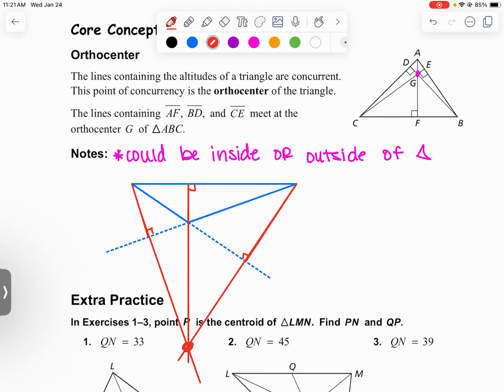So if you have an obtuse triangle, it's going to intersect outside of the triangle, which is lame. If it's a right triangle, they will intersect on the triangle. What's the difference between a center spelled ER and a center spelled RE?